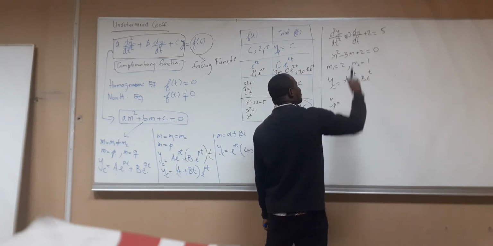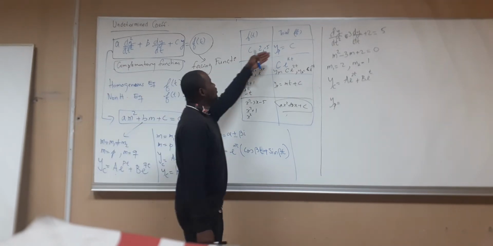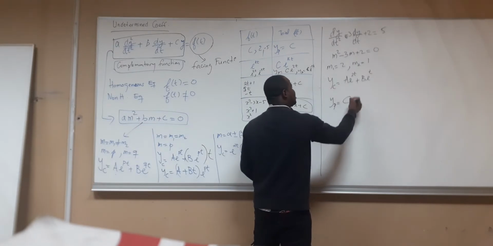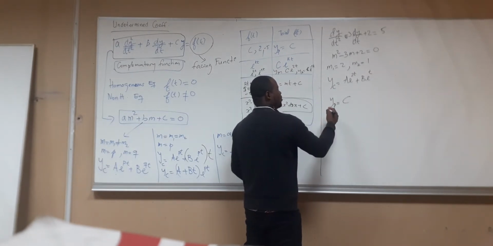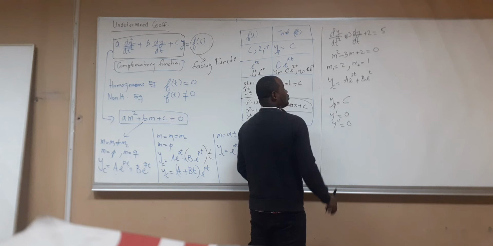You can see that we have a constant there, and our trial function for a constant, we just place c. Alright? Then you're going to differentiate those. Differentiation of a constant gives you 0. Second differentiation will also give you 0.